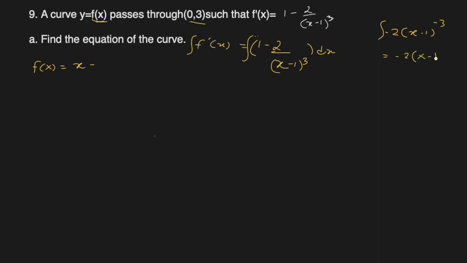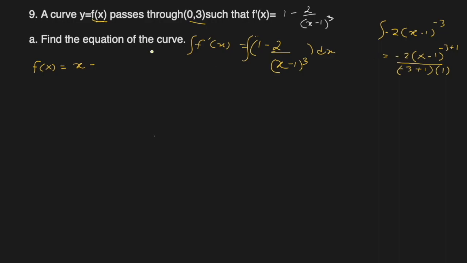The exponent of this will go up by 1 and we'll divide it by the same exponent, minus 3 plus 1, whatever was there, and further we'll have to divide it by the differentiation of what was inside the bracket, and x minus 1, differentiation of x minus 1 is just 1, so we'll divide by just 1, which is not going to make any difference, but this should be a habit so that if there is some complicated integration you don't forget.